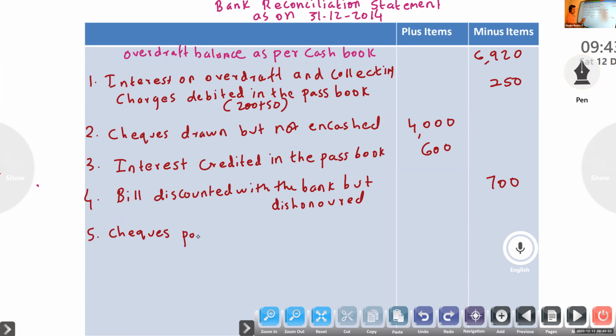Checks paid into bank but not collected. Aditya, plus or minus?